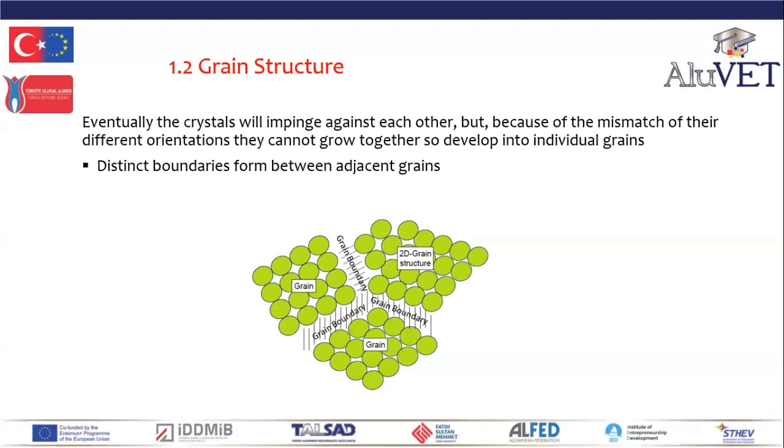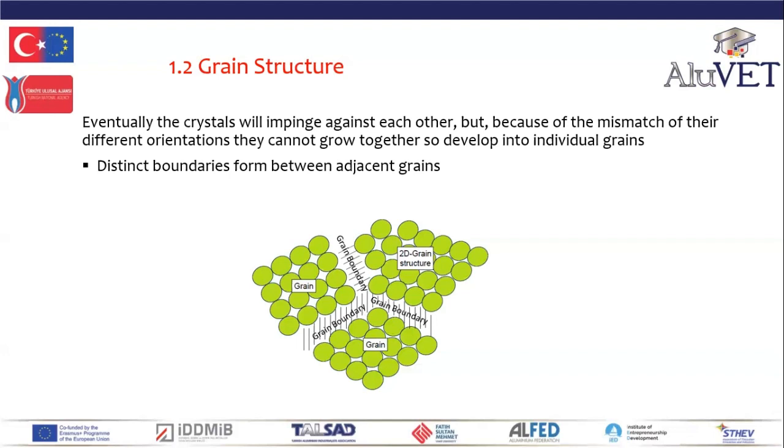And because the crystals are impinging against each other at different angles, they cannot grow together into a single crystal. So consequently, the individual crystals now have clear boundaries of mismatch between them around each other. And these boundaries effectively form grains, the grains being the growing crystal within the boundary that impinges against the adjacent grains. The metallic bond cannot fully form between the adjacent grains because of the boundaries.